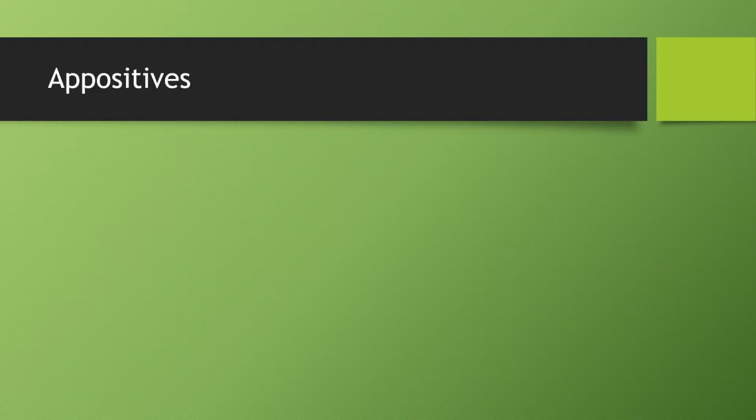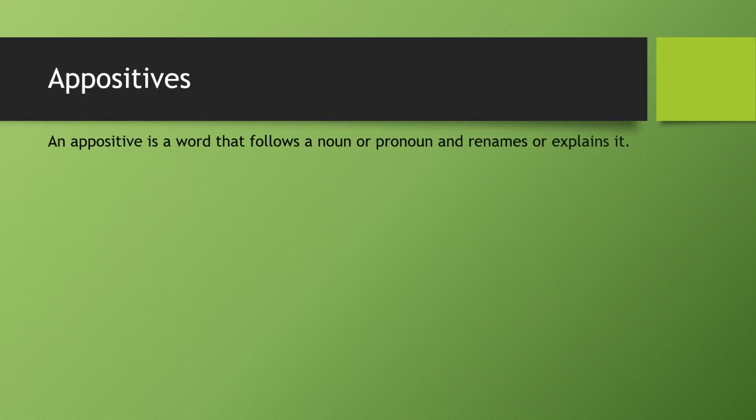Now we'll look at appositives. An appositive is a word or a group of words that follows a noun or a pronoun and renames or explains that noun or pronoun. Our president, Dr. David Horton, is a very eloquent speaker.